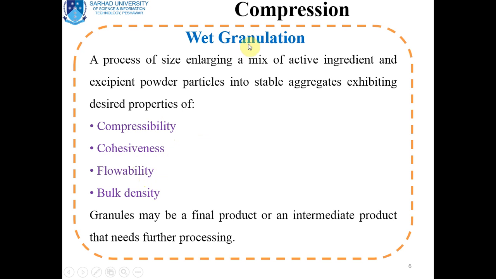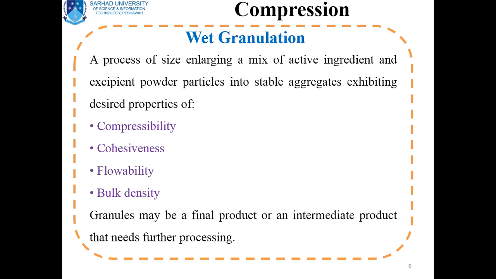The stable aggregates that we are going to prepare from the powder mix or powder particles, a mixture of active ingredients as well as excipients, are meant to improve the flowability, the flow properties that do not exist in the powder mix.